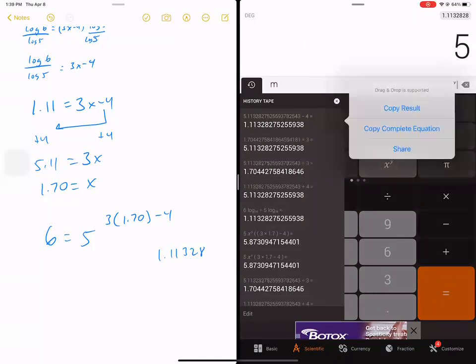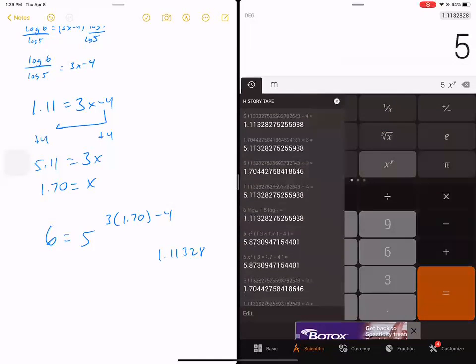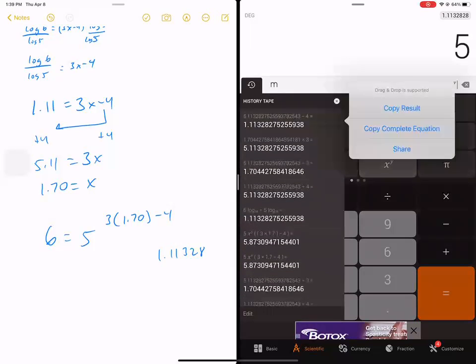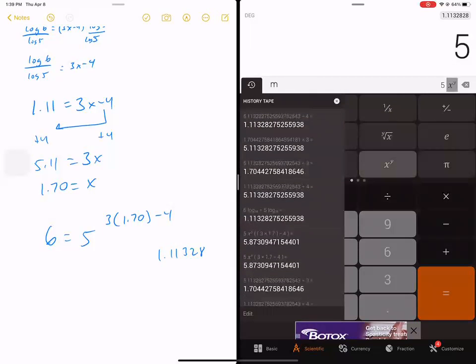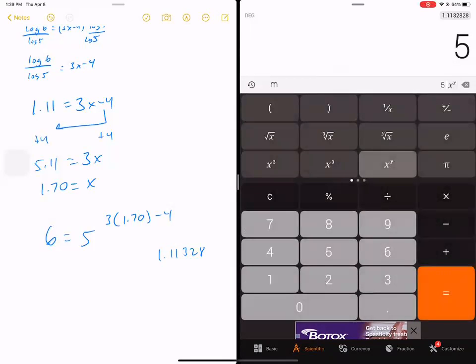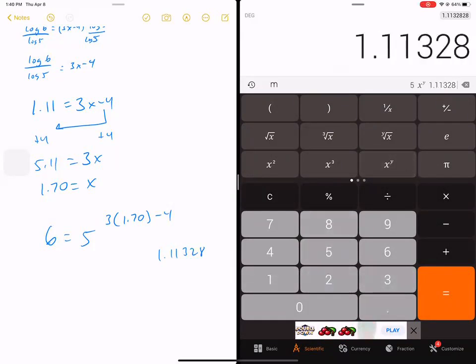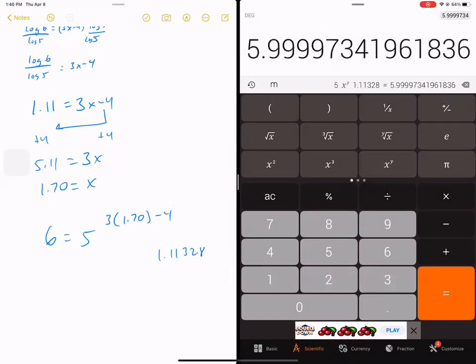I'll try to copy it and paste it, but it won't let me do it. Darn it. 5 exponent 1.11328. I should just save time. See, that's closer because I had more decimals there.